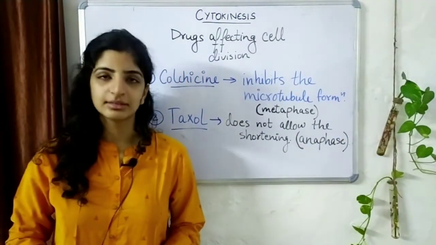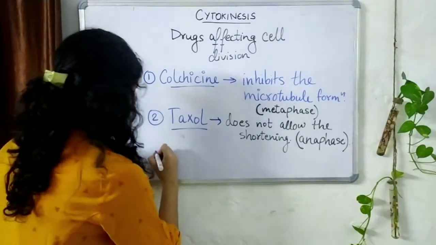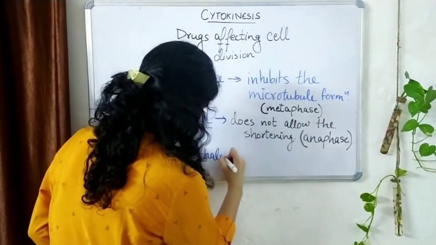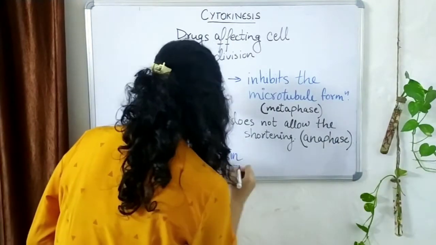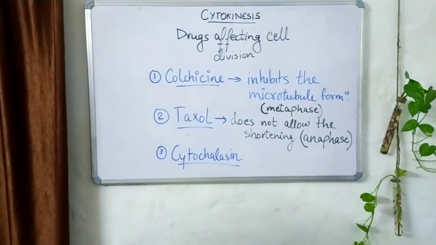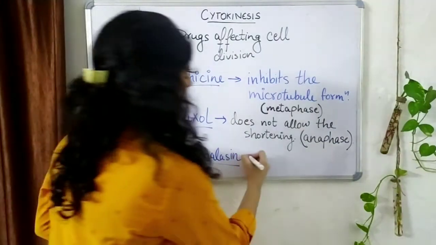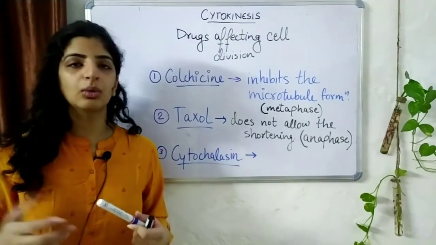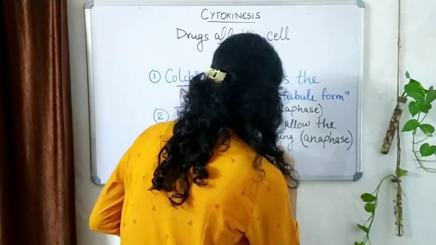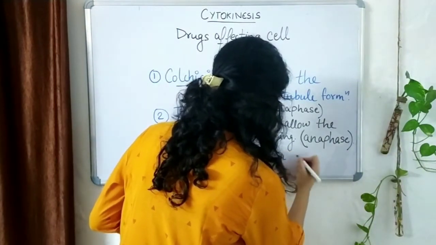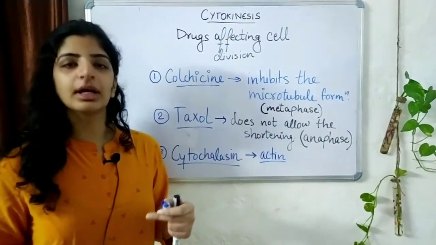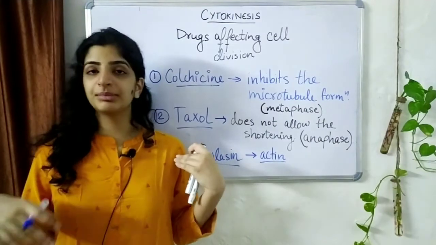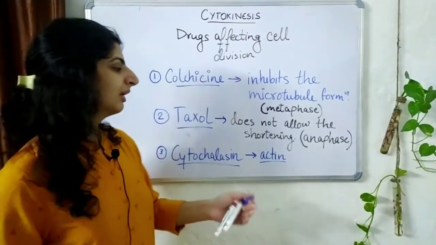And the last drug that we are going to talk about here is cytochalasin. What cytochalasin does is that it does not allow actin to work. It inhibits the elongation and all of that actin-myosin head meeting, which is the basic principle of muscle contraction.